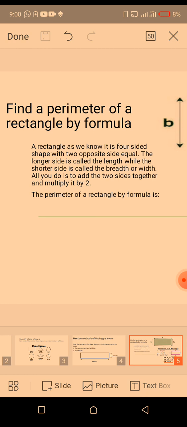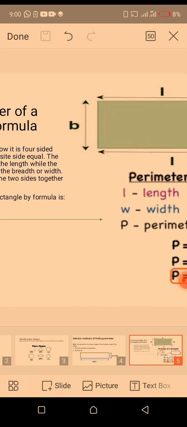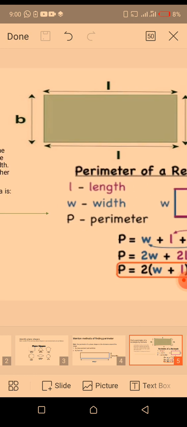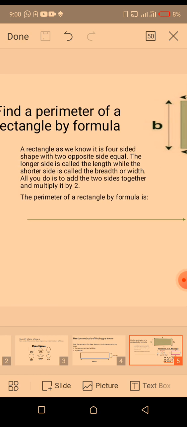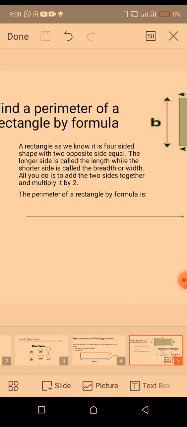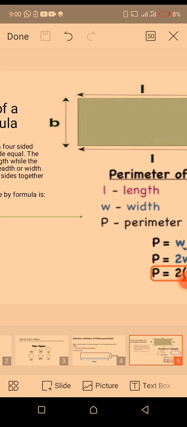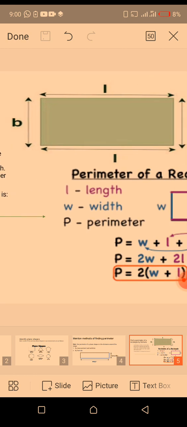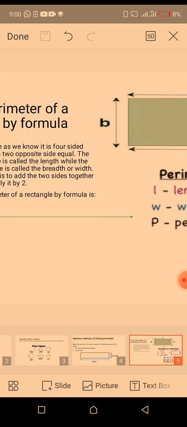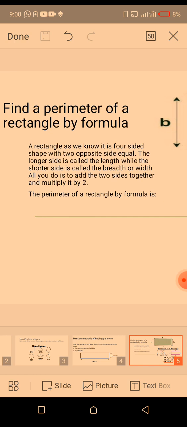The longer side is called the length, which is the L, while the shorter side is called the breadth, represented with B, and it can also be called the width. All you do is add the two sides together and multiply it by 2.